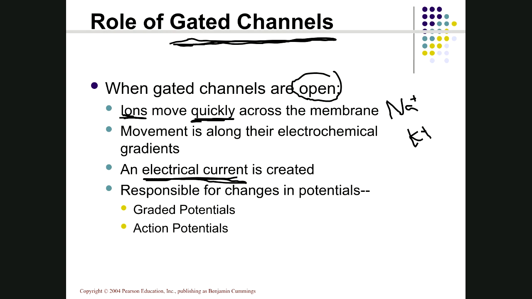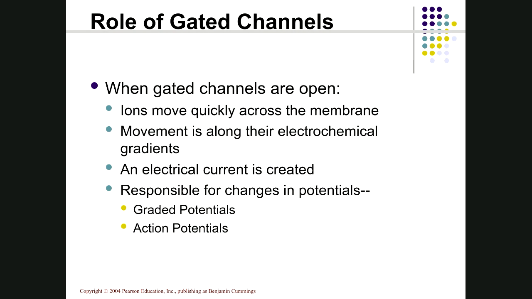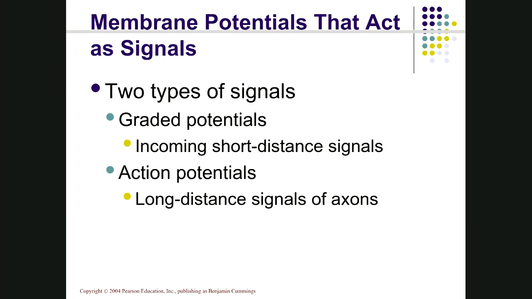There are two kinds of these signaling potentials, two kinds. One kind is called graded potentials, and the other one is called action potentials. Graded potentials, action potentials.